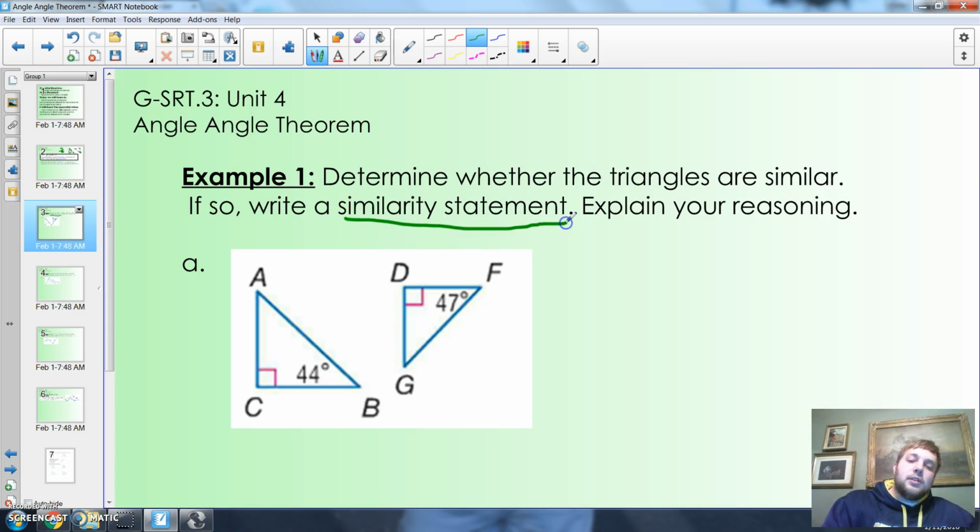Explain your reasoning. Alright, so I know this one is 44. That's 47. Those are not the same angle last I checked. However, this one right here is a 90-degree angle. And I say, hey, wait a second. That's a 90-degree angle too right there, right?